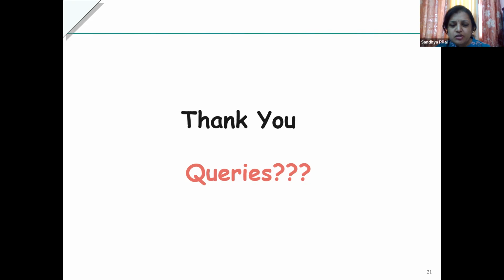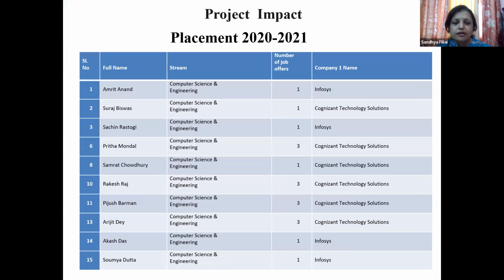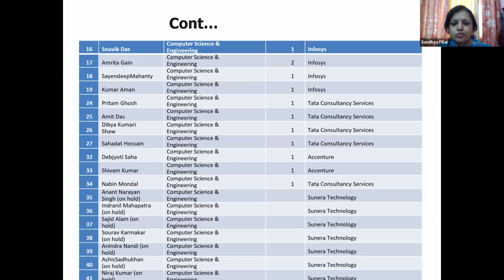You have mentioned 2021, right? Yes, that is the final year batch that has passed out. Okay, so the placement has increased. Yes, this is the outcome. But this is 2020, 2021, and the batch started in 21 November, so this is the 21-22 batch, isn't it?